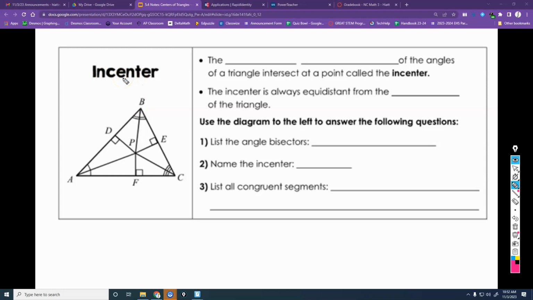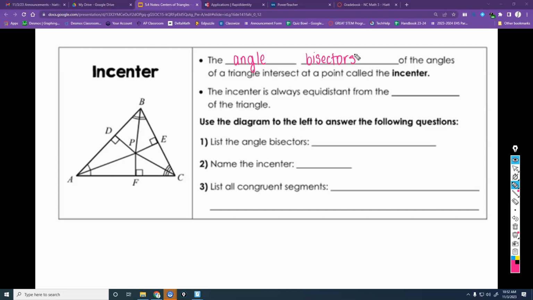All right, so the incenter is where your angle bisectors are going to cross. So let's think about what that sounds like. What does it sound like an angle bisector does?